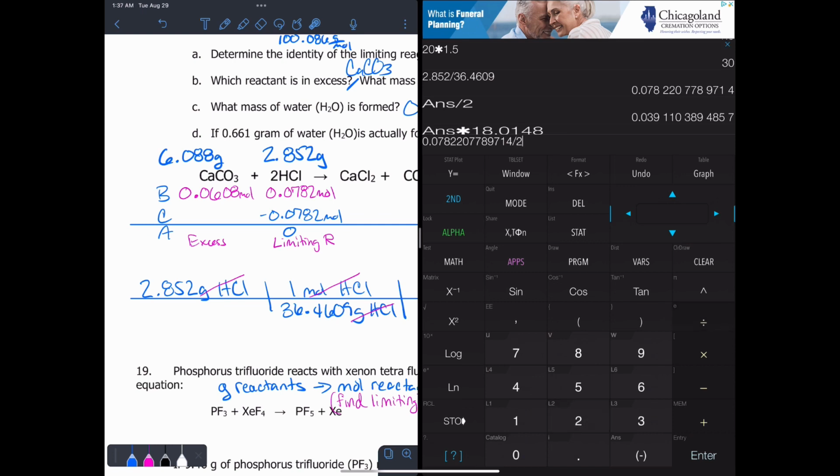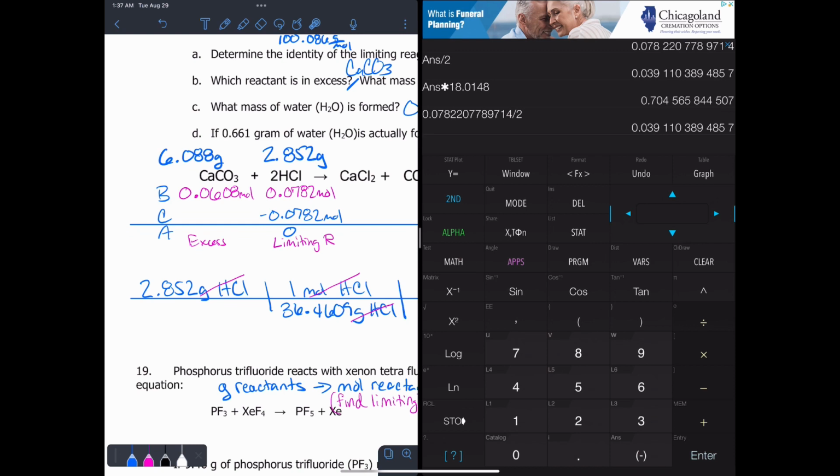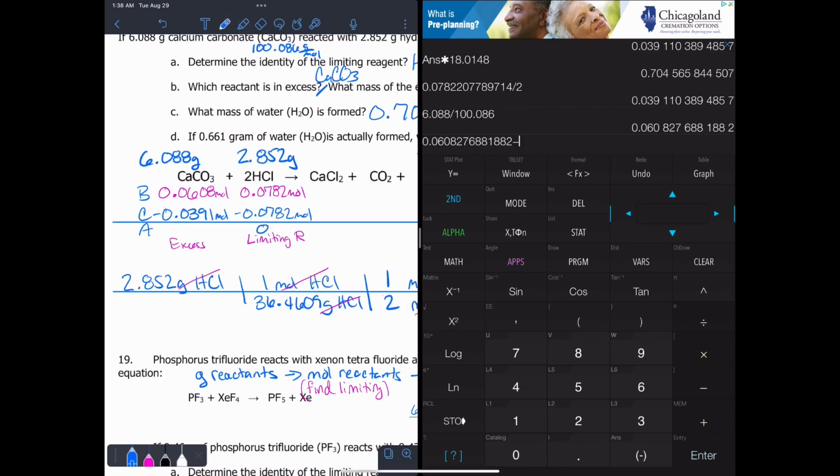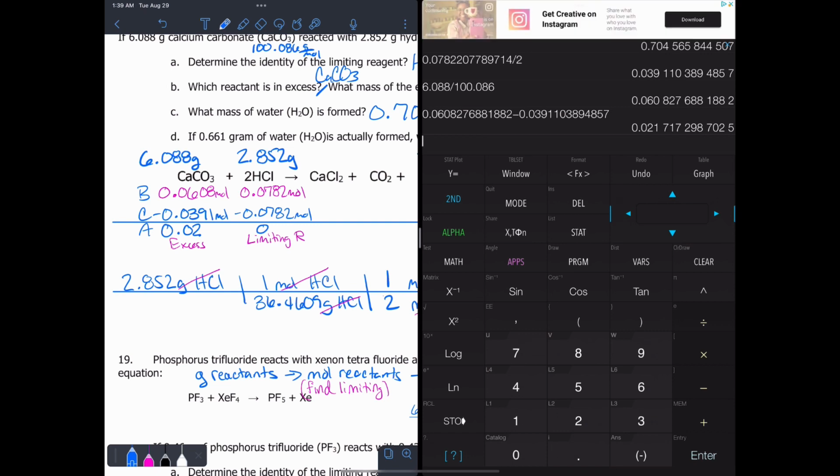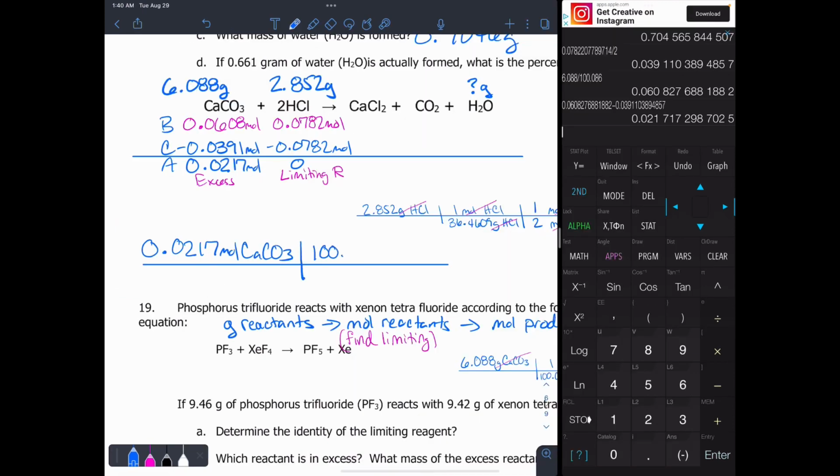Divide by 2, multiply by 1, and so the amount in excess is the difference between these two numbers. I'm subtracting these two numbers and write a representation. I take this number and multiply it by the molar mass to find grams.